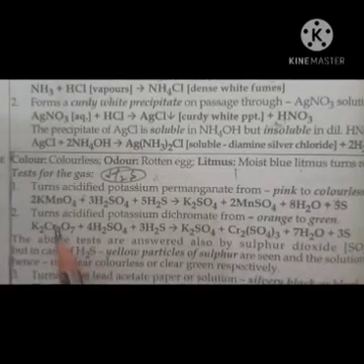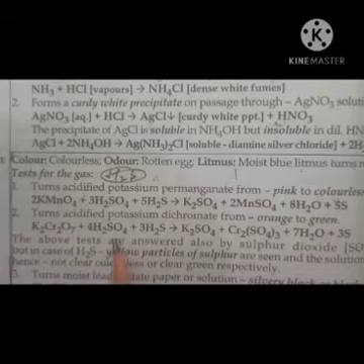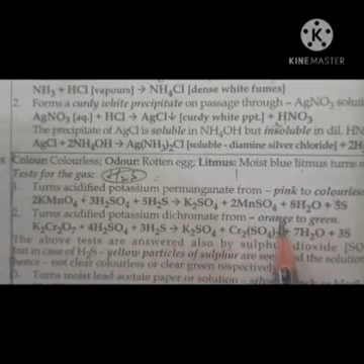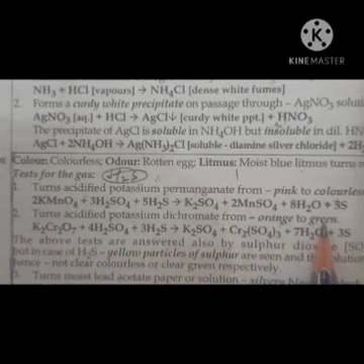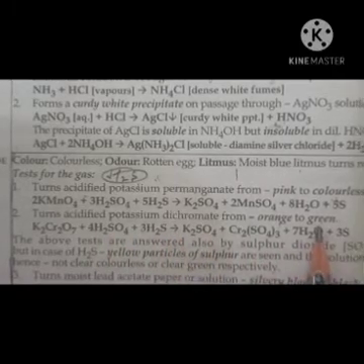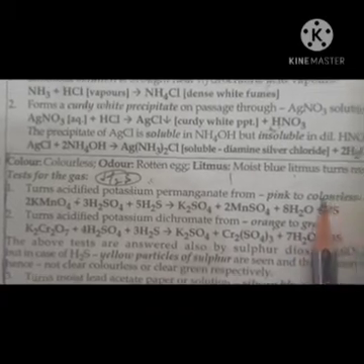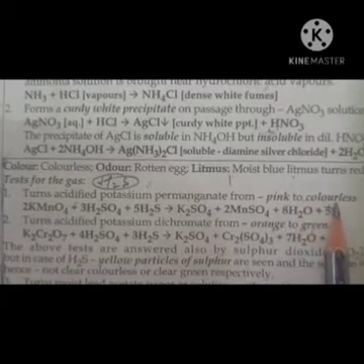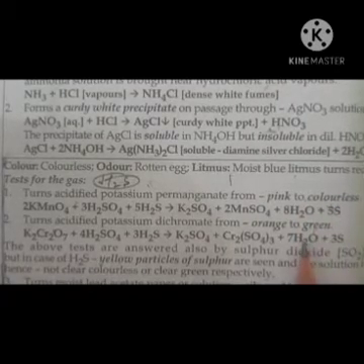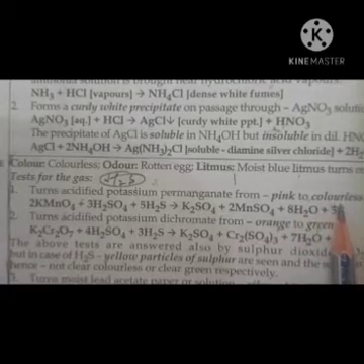And second, hydrogen sulfide gas turns acidified potassium dichromate solution from orange to green. Actually, what is the color of potassium dichromate? It is orange, and it turns to green, not clear green. In case of sulfur dioxide, you will write clear green and clear colorless. But in case of hydrogen sulfide, you only write pink to colorless.